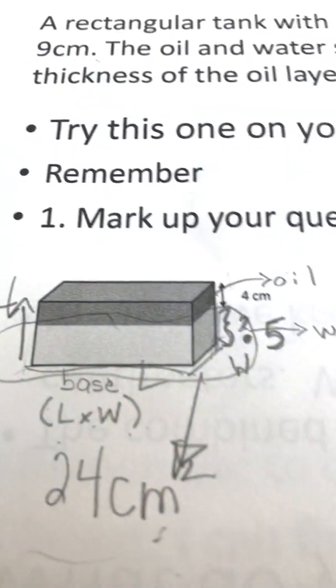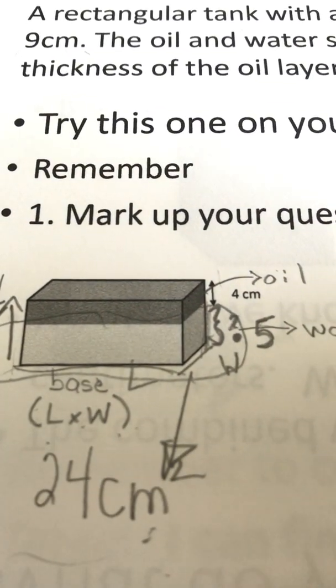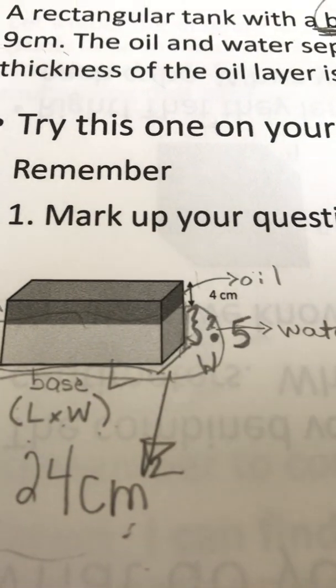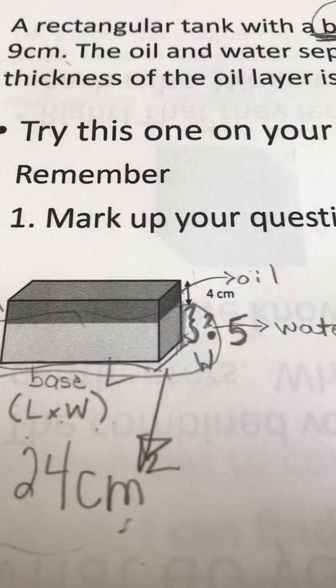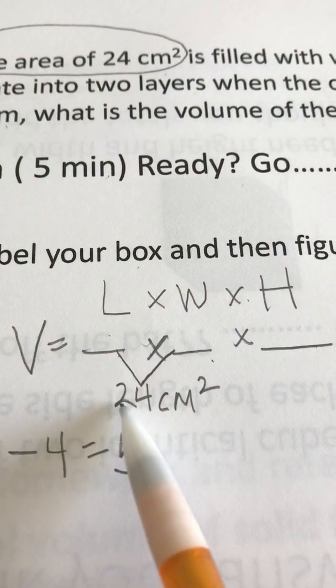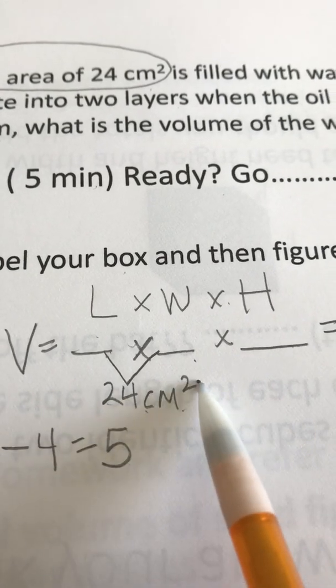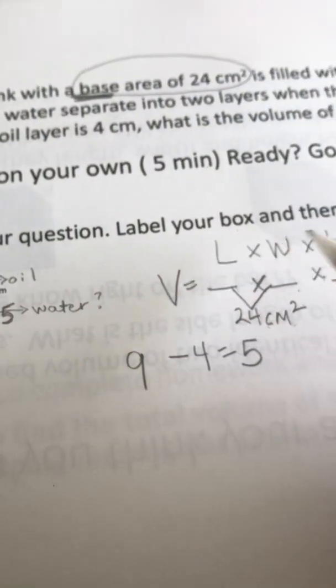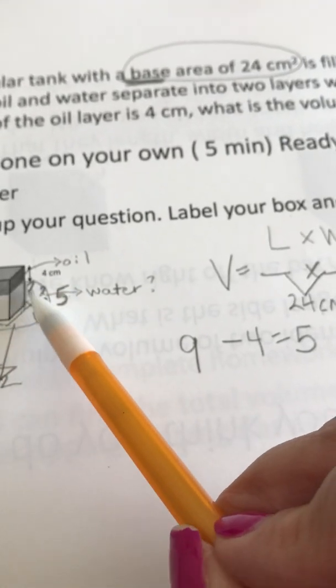So they already said our length times our width was 24 centimeters squared. So they said our length times our width was already 24 centimeters squared, times our height, which for just the water was 5.